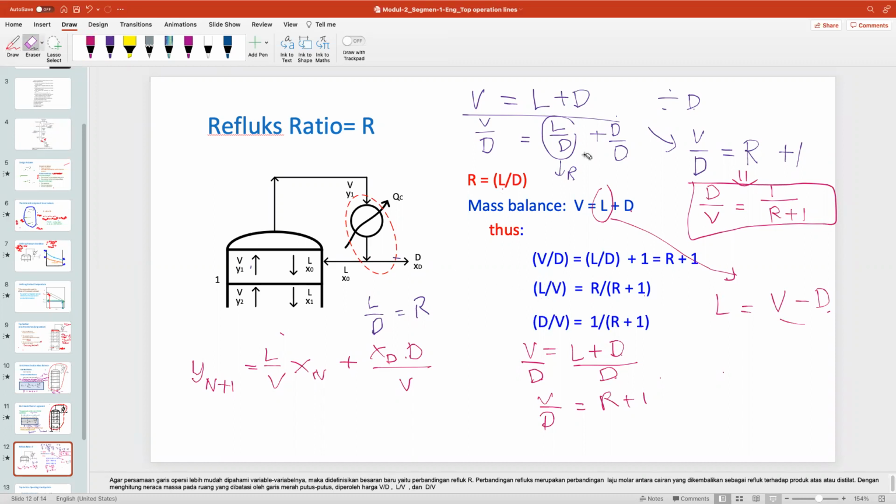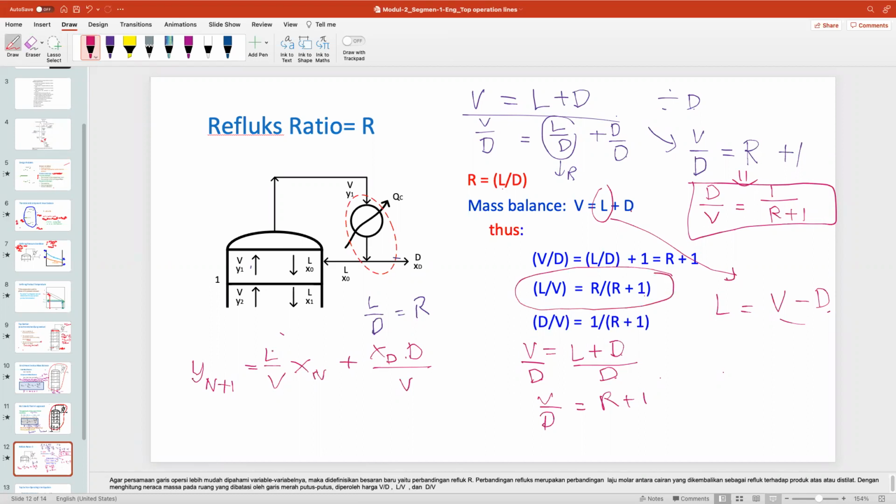We need to do some calculation to get this. After that, we will get that V divided by D is R plus 1, which is this one, and we will also get L divided by V equal to R divided by R plus 1, which is this one.